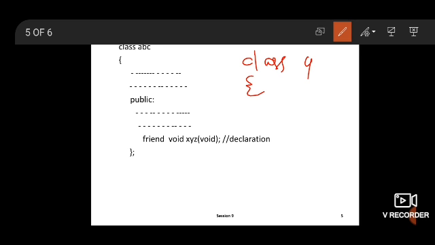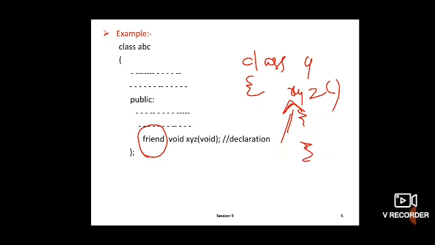In this class you can also call the function xyz, because of the friend keyword. Since it is declared as a friend, you can access it anywhere: outside the class, inside the class, or in another class.